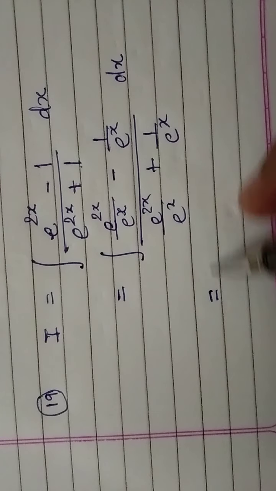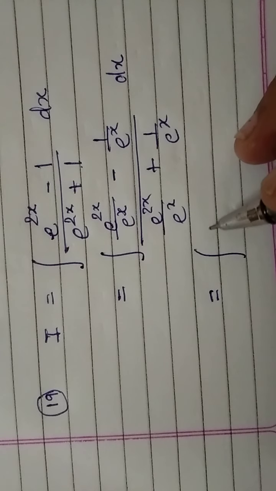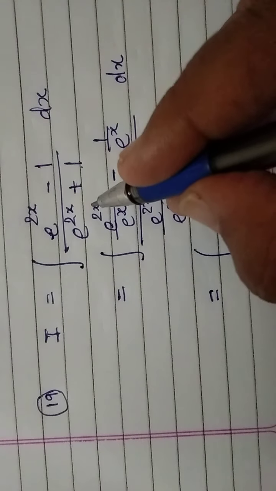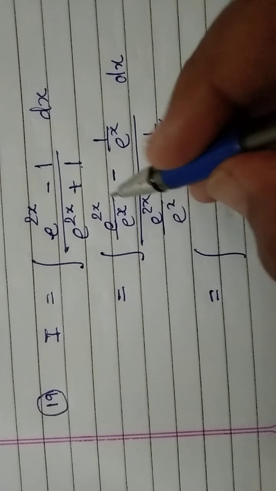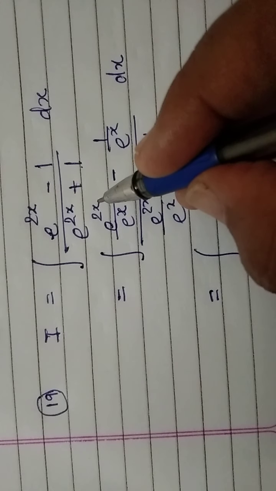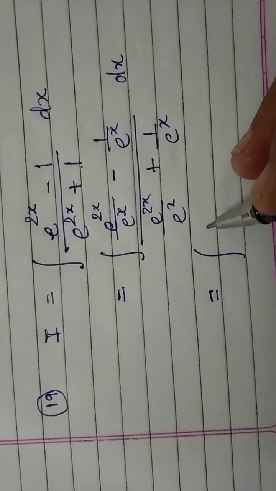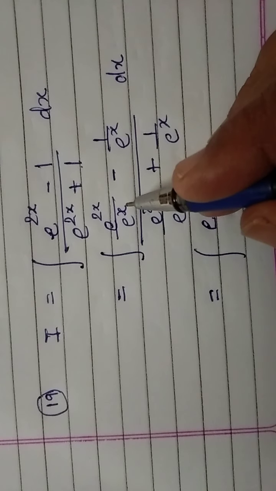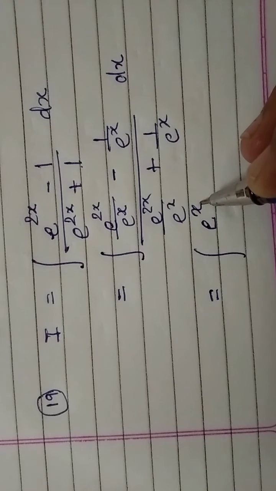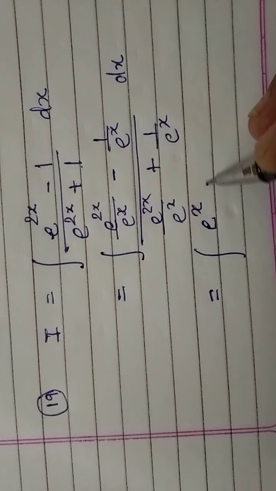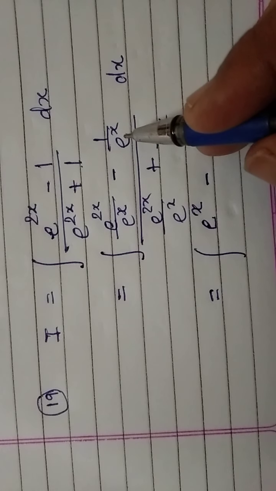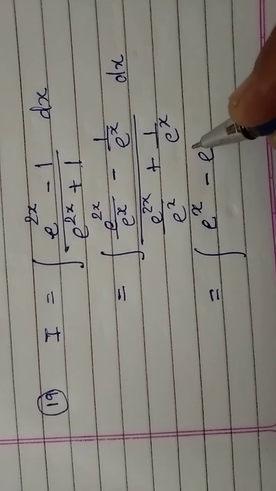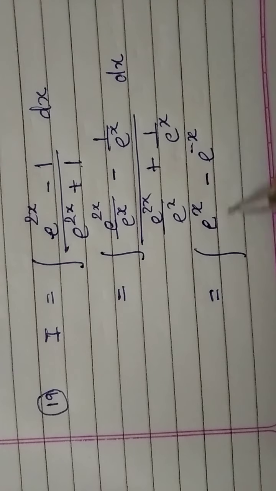So further simplified form, how does it look? This e raised to plus x, if it goes to the numerator from the denominator, it becomes e raised to minus x. So e raised to 2x and minus x will become only e raised to x. Then minus this e raised to plus x goes to the numerator, so it will become e raised to minus x.